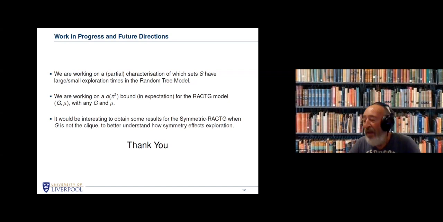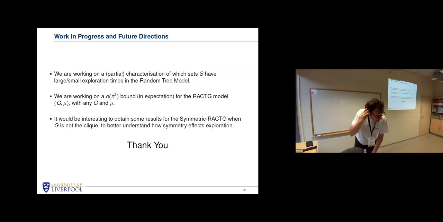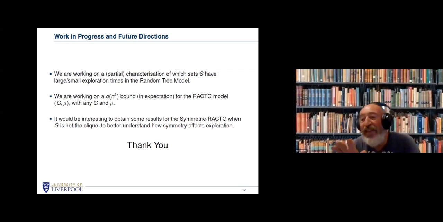Yeah. So what happens, John, when the mu is uniform on general graphs? Is it the same as the random tree model? Random tree model, sorry? No. If we have a general graph and the probability distribution mu is uniform, then what happens?